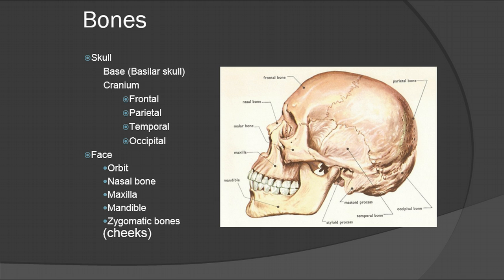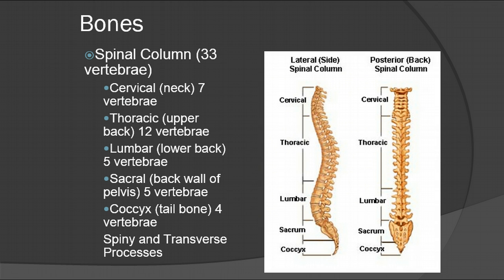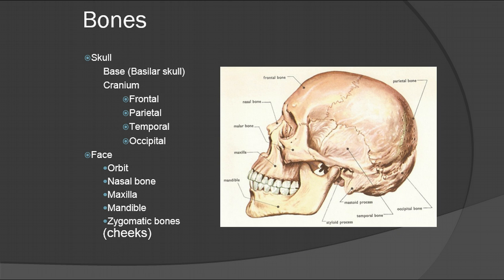So you'll want to say it's a frontal head injury, or it's on the right parietal area or temporal area, occipital region, right? And so when you're describing exactly where it is, you're going to want to use these reference points as well. For the face, it seems to work out a little bit better to just use the standard or common terminology.